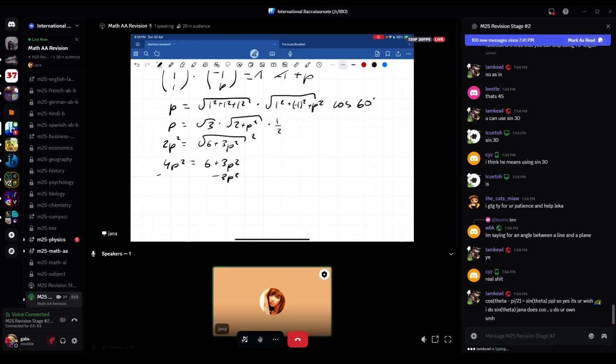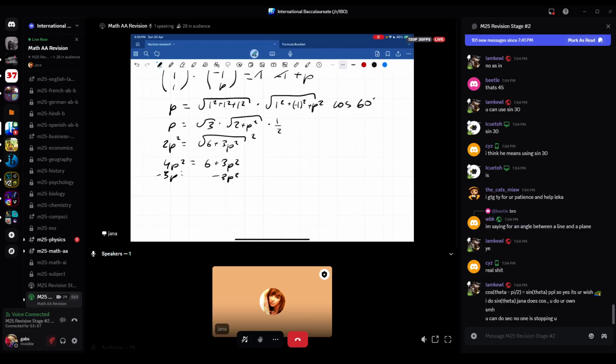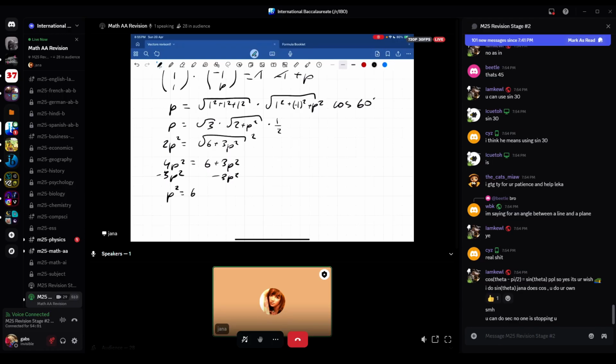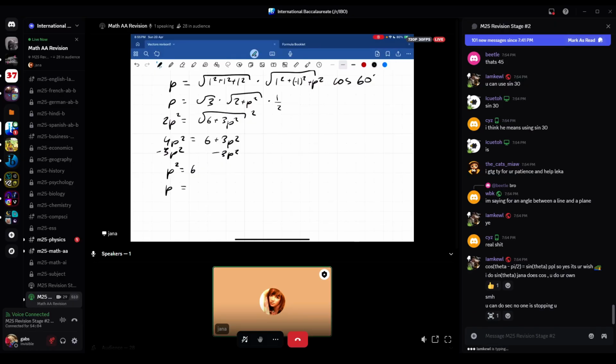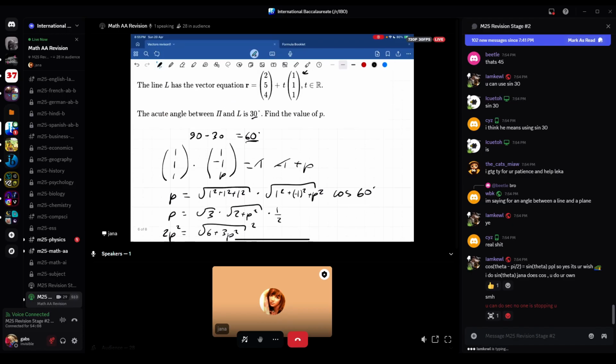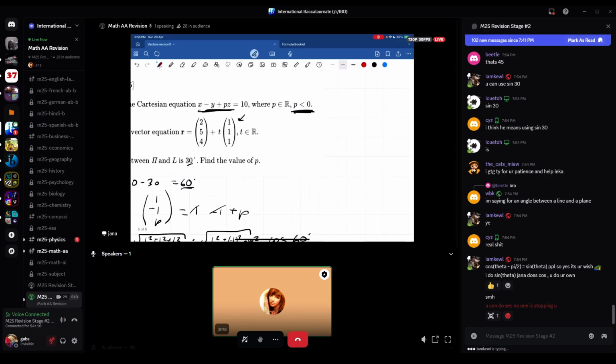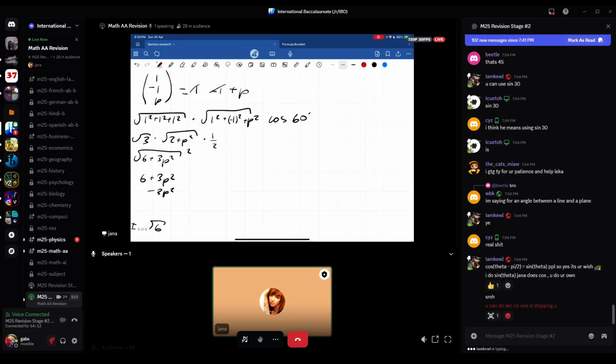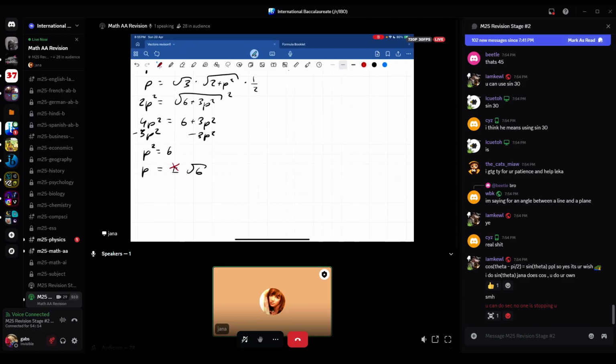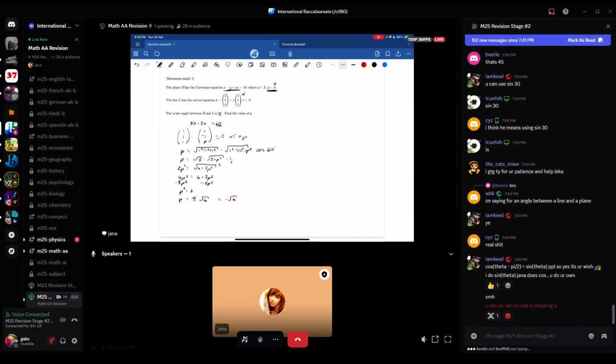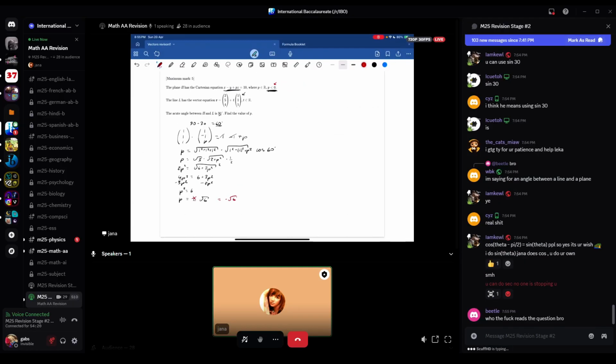Subtract 3p squared: p squared equals 6. So p equals plus or minus square root 6. And we know that p has to be less than 0, so this one gets rejected. P is negative square root of 6. That's how you do it. Any questions?